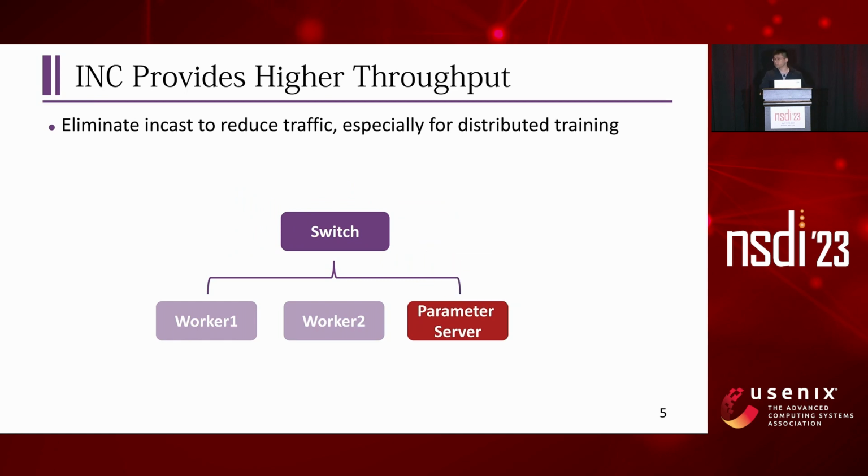In this case, the parameter server will suffer from the incast problem because all workers send a piece of data to it. Instead, if the switch computes the gradients, the parameter server will only receive one piece of data and thus can get rid of the incast problem and achieve higher training throughput.